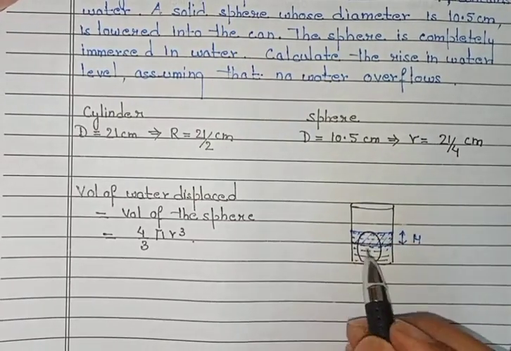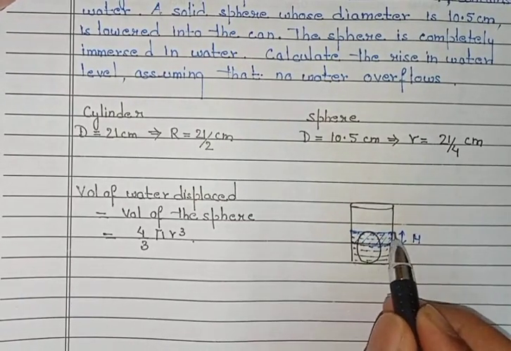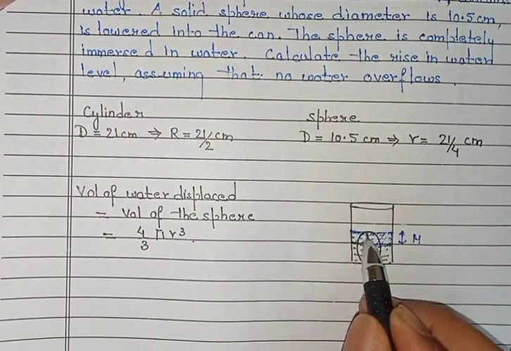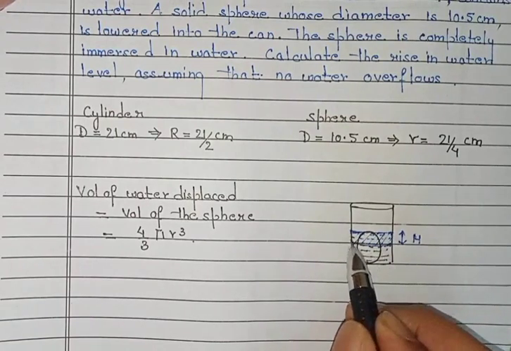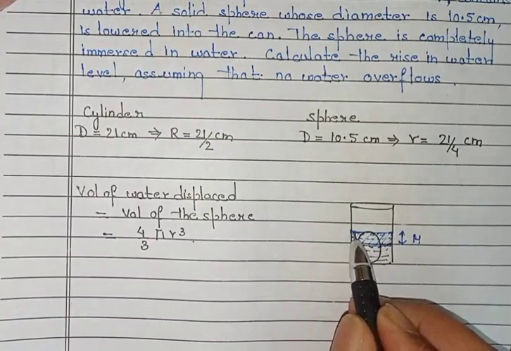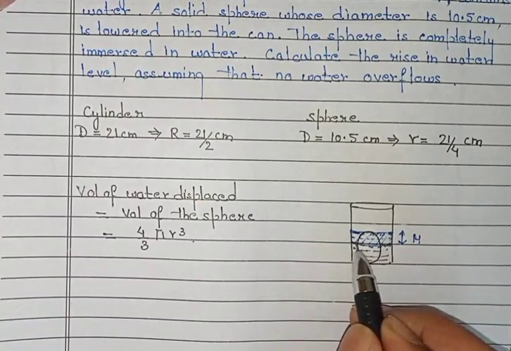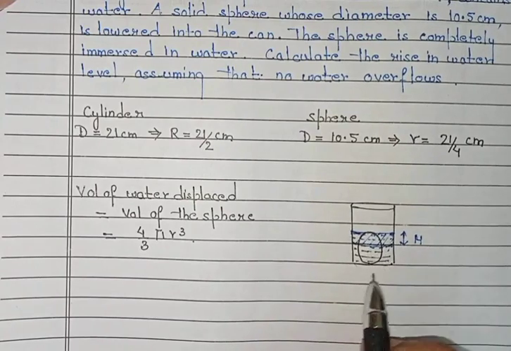Now as you can see in the diagram, the displaced water here is taking the shape of a cylinder. See here, this water which has been displaced, that water is taking the shape of a cylinder.